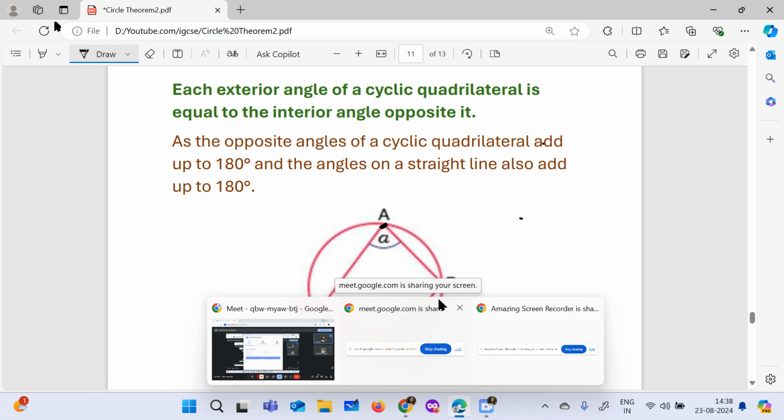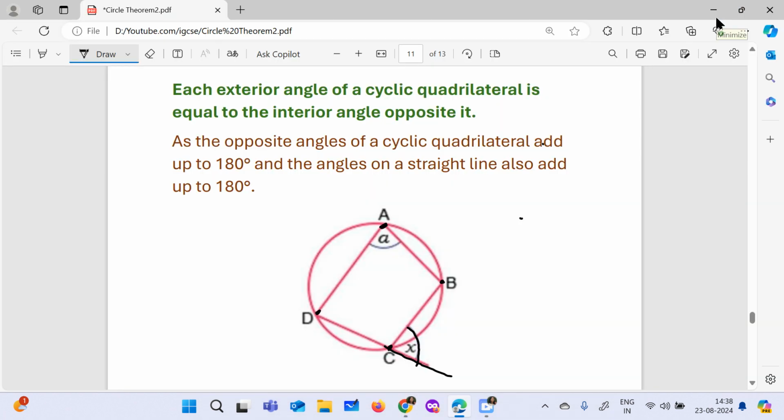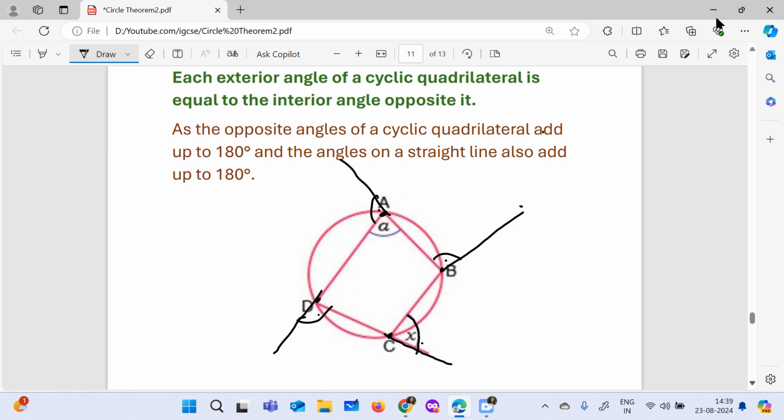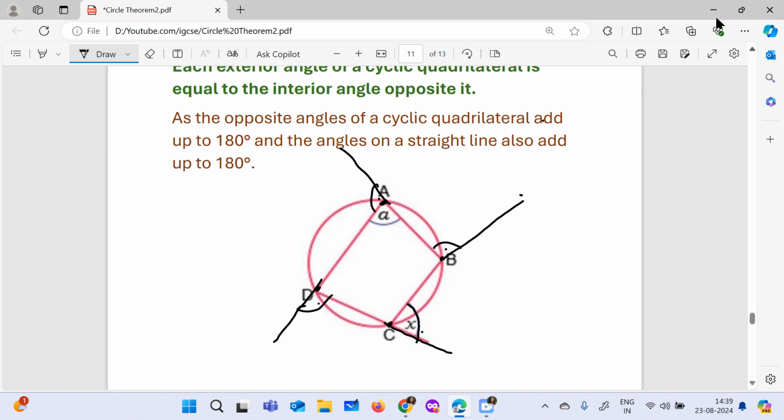Okay, one sec. Now, if we extend this line also, you get one angle here. You extend this line also, you get an angle here. You extend this line, you get an angle here. Now, what are these angles? These angles are exterior angles of the cyclic quadrilateral. Am I right? Yes. Okay, so what does this rule say?